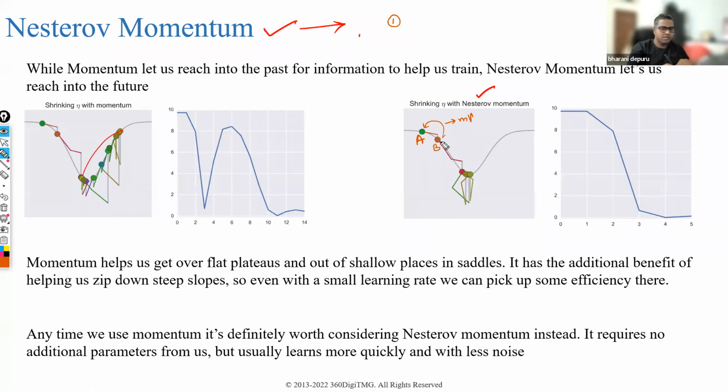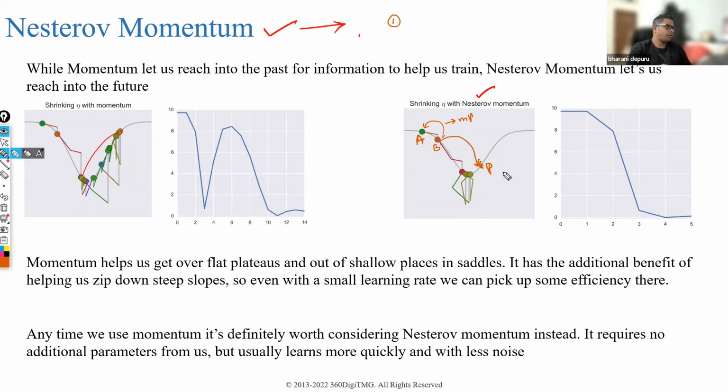Say the new point is going to be somewhere here. Let me call this P. If you add the previous step momentum scaled by a scaling factor to this B, say you land here. Now we find the gradient at P, which we are going to call G, and we scale it by a learning rate, eta value.